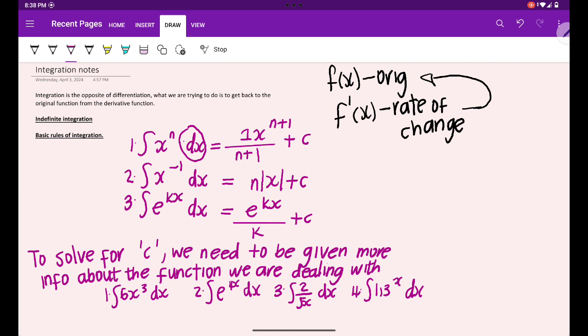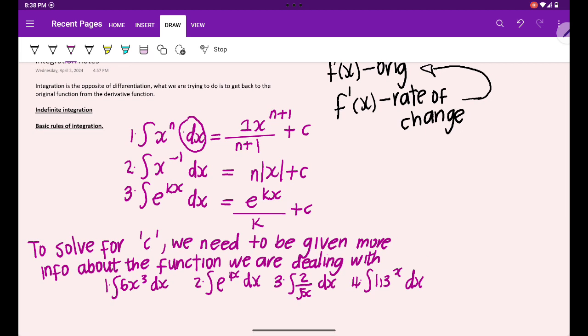This is very important. These are the basics that you need to understand. Don't cram the content. Really understand what each variable and each symbol means, because when you get to integration by parts, if you don't understand the basics, you're going to have an issue. The rule says take the function, add 1 to its power, and divide by whatever that power now is.